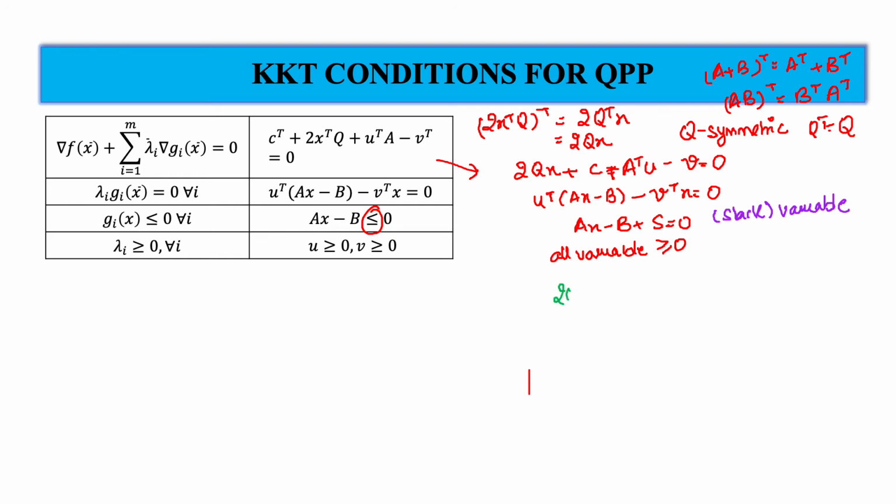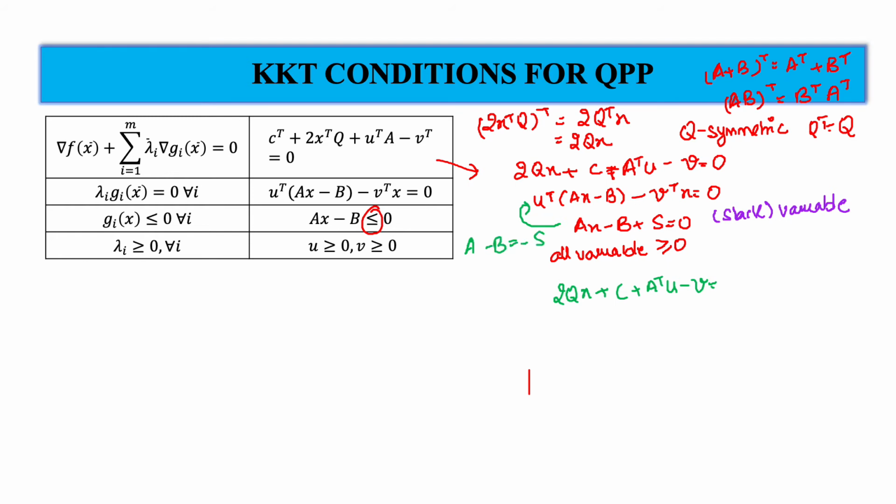Okay, now you can rewrite these equations again. The first equation will remain the same. Now the second equation, by using the third, you can rewrite as Ax minus b is equal to minus s.